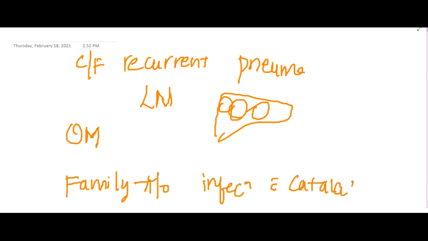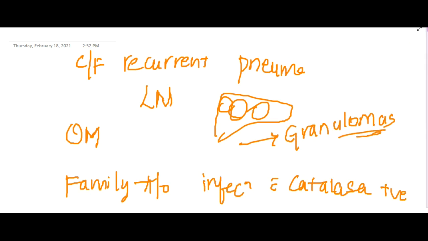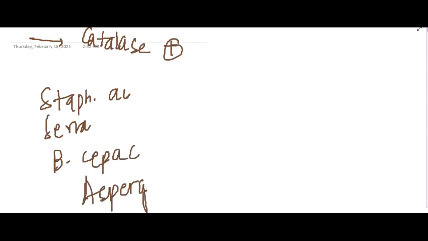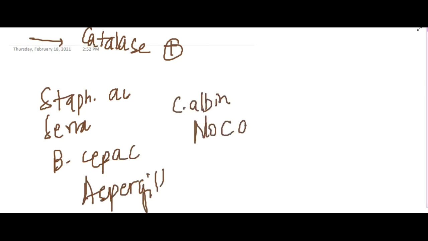One hallmark of this chronic granulomatous disease is the formation of granulomas. In this disease, the patients are mainly susceptible to catalase positive organisms like Staphylococcus aureus, Serratia, Burkholderia cepacia, Aspergillosis, Candida albicans, Nocardia and Salmonella.